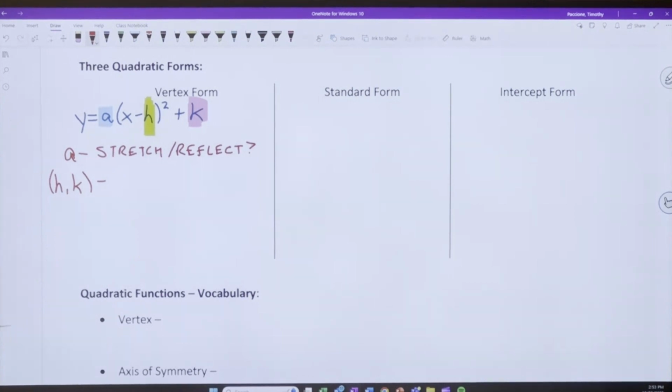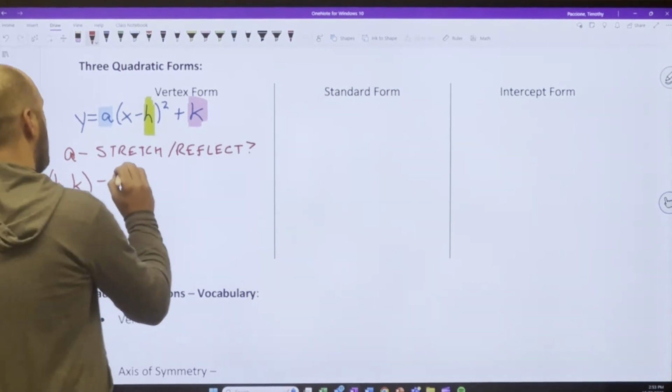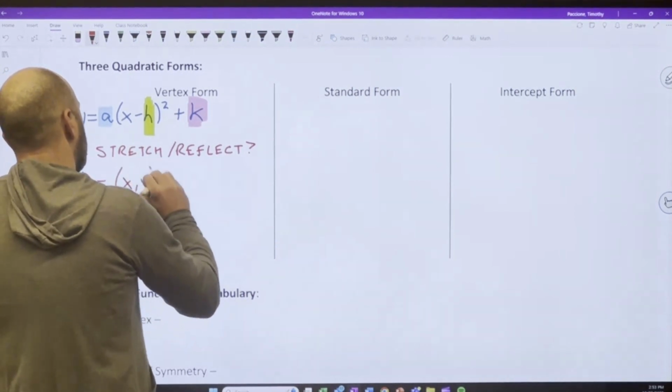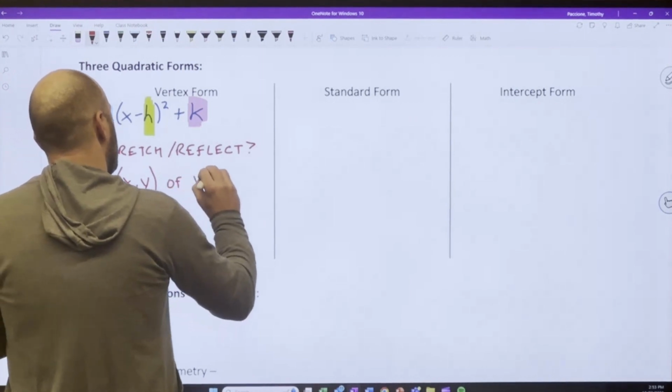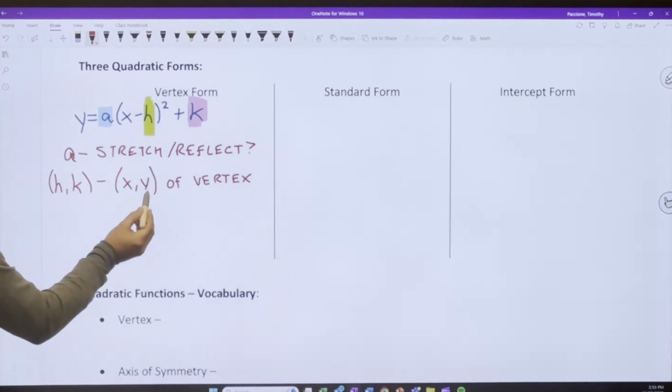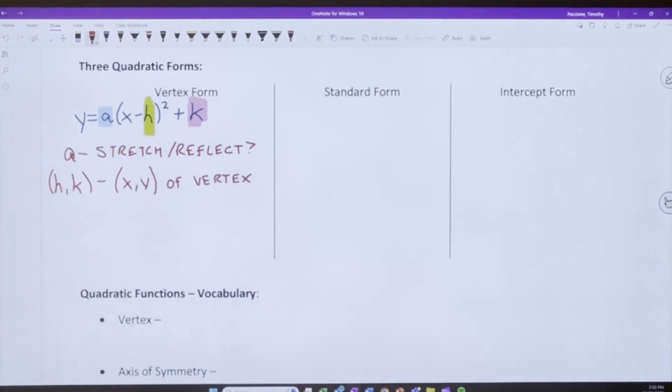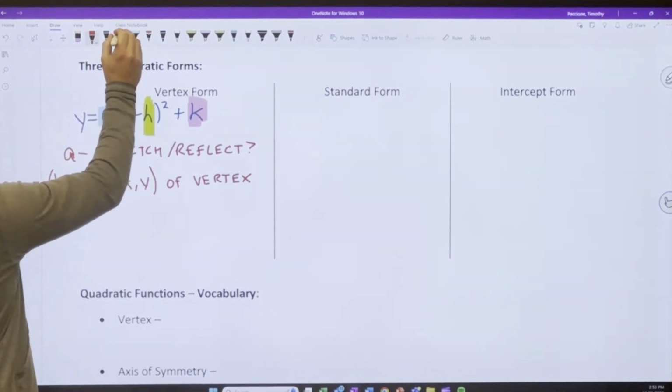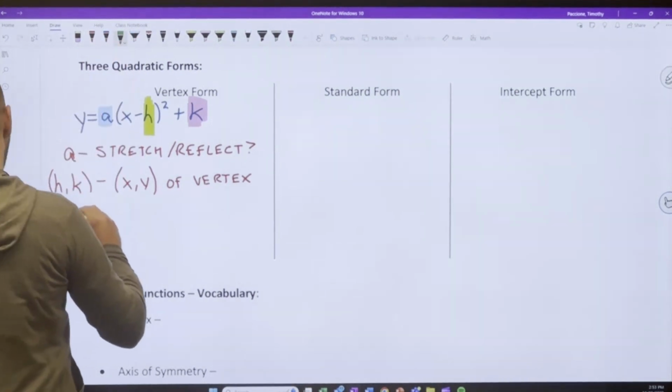XY. Yeah, they're the XY of our vertex, right? Good. And that's because you get both of those in this form, this is the really graph-friendly form, right? This is the one where you see everything you need right in the equation, right? So this is graph-friendly. And I'll give you an example for each of these.